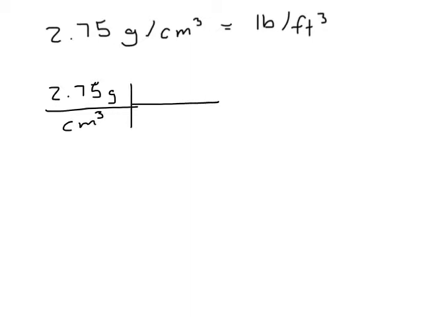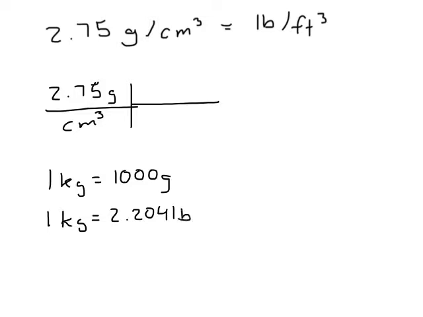And I'm going to need to do the following conversions. I'm going to need to do 1 kg equals 1,000 grams, and 1 kg equals 2.204 pounds. So that takes care of my mass unit, grams to kilograms, kilograms to pounds.